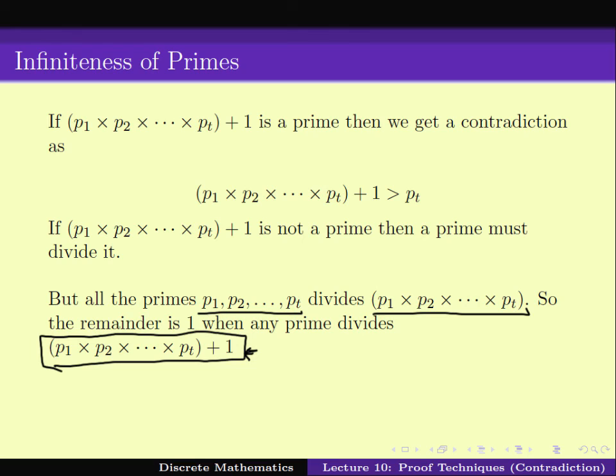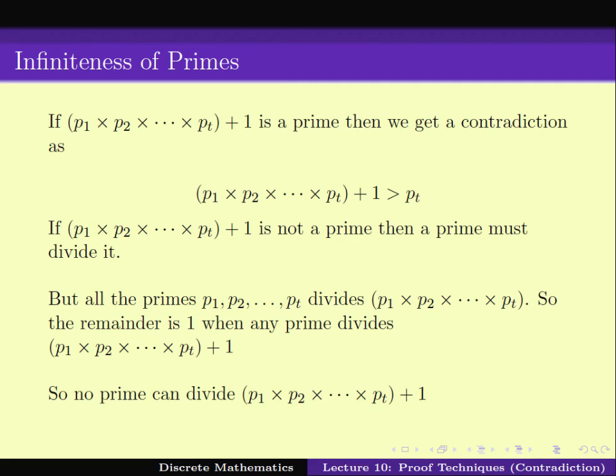So this number is not divisible by any of the old primes P1 to PT. What does it mean? It means that this number has to be a prime. No prime can divide this number, hence this one is a prime.